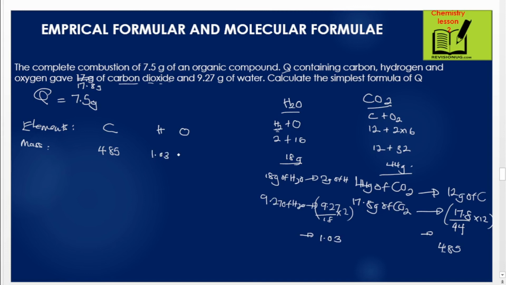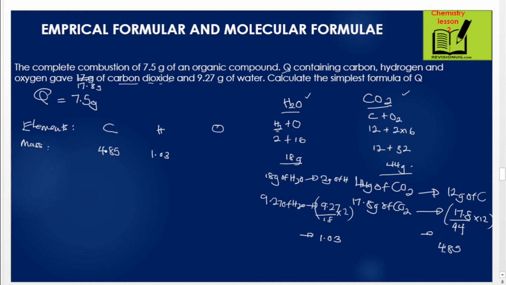Now what is missing is oxygen. Now how are we going to get oxygen? Let me extend our oxygen just a little bit here. Now remember, they told us that the organic compound which was burnt to produce this carbon dioxide and this water was weighing 7.5 grams.